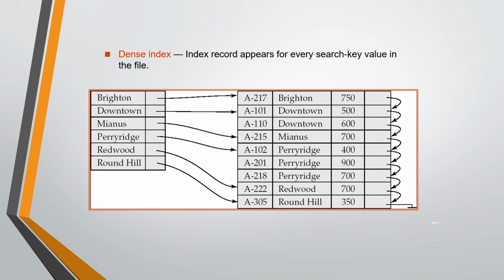Inside the ordered indices, there are two types of indices, that is clustering index and non-clustering index. And in ordered indices, we can also divide the indices as dense index and sparse index. In dense index, we have both clustering index and non-clustering index. In sparse index, there are also clustering index and non-clustering index.